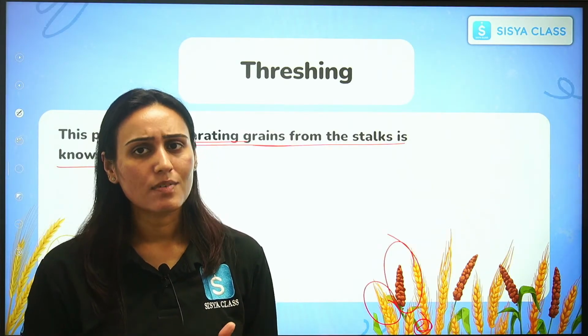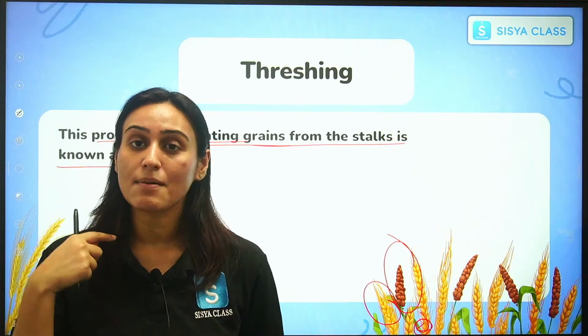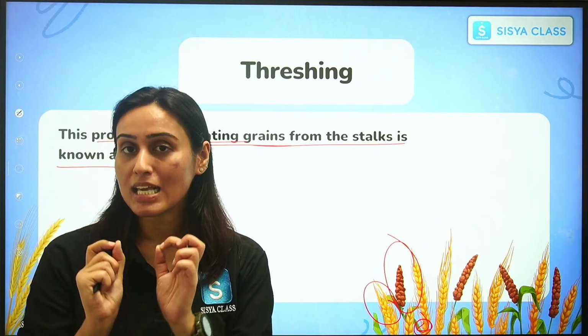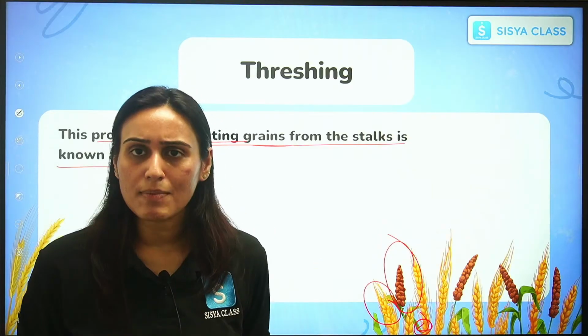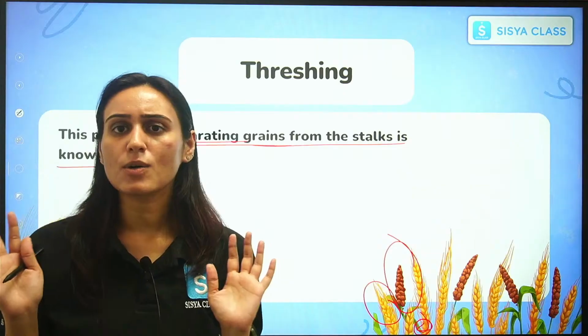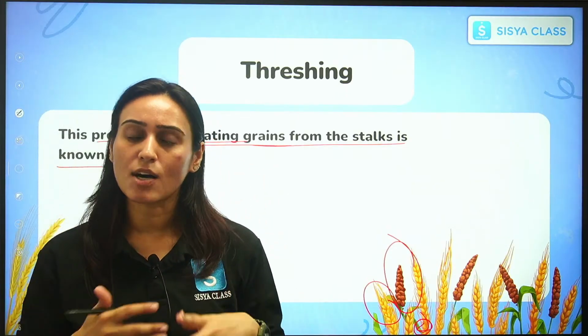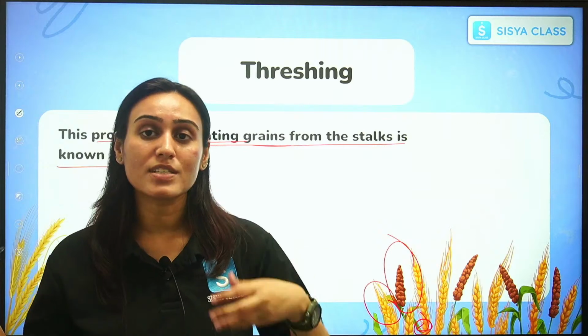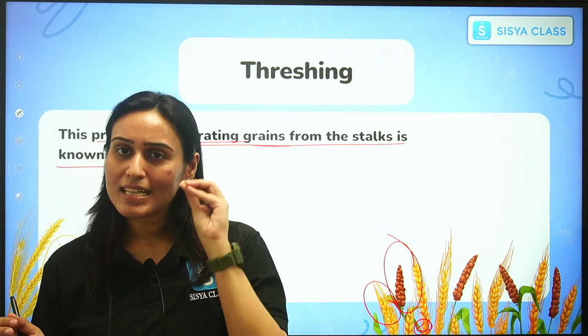Let's find out, everyone, what are the methods, what are the ways by which we can separate out the grains from the husk easily. Okay, we are looking for the best method, convenient method. So you have different ways of doing that. I'm not saying that there is only one way by which you can separate it out. We have multiple ways, but we are looking for something convenient, that is cost effective, and that takes lesser amount of time.